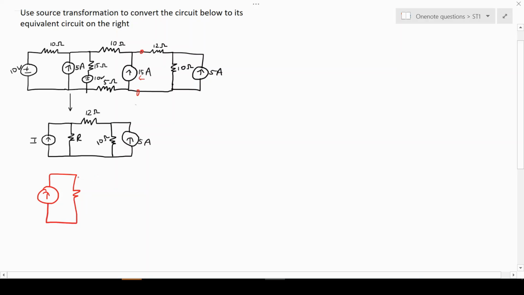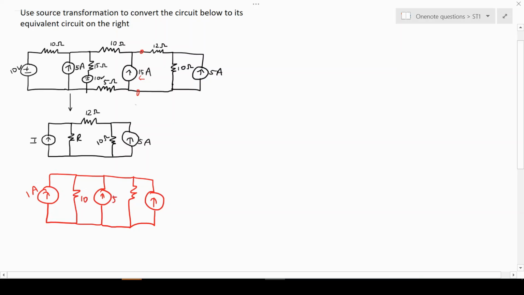And the value of the current source can then be calculated as the voltage divided by the resistance. The current source will be 10 divided by 10, which gives you 1 amp. The resistance value will be 10 ohms.